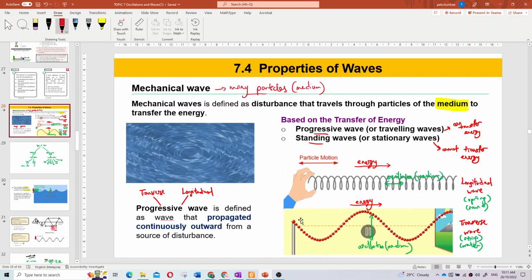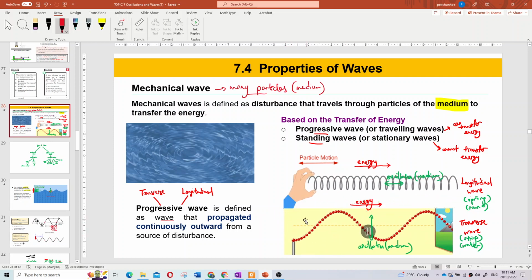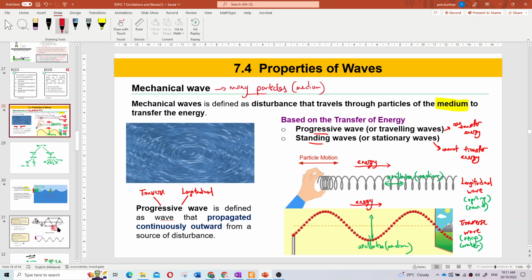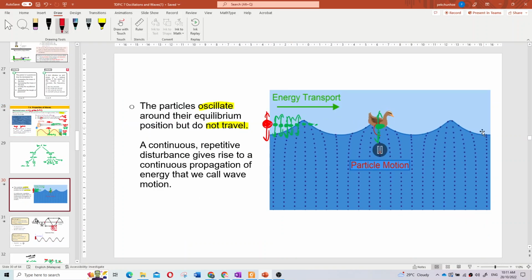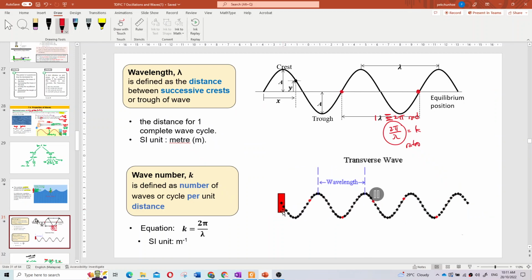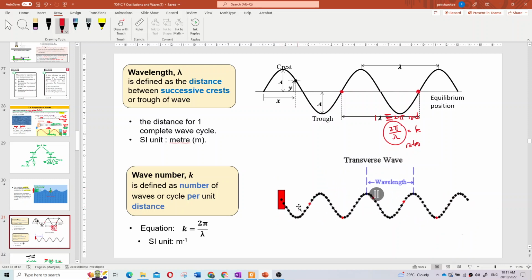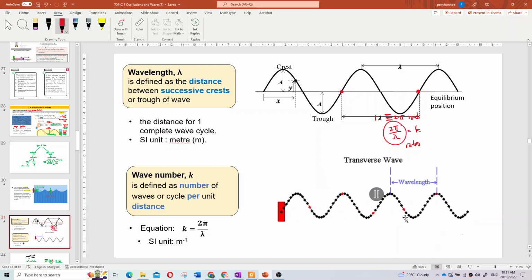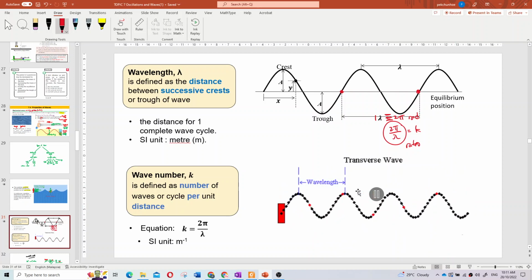As you can see, like this string, it involves the oscillation of all the string particles. If water, oscillation of all the water particles. Just like this one, you see. In order to transfer the energy from left to right, it involves oscillation of all the medium particles. You see that? All the medium particles oscillate in order to transfer the energy.